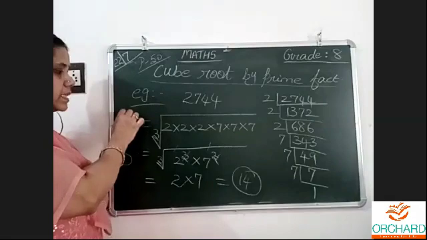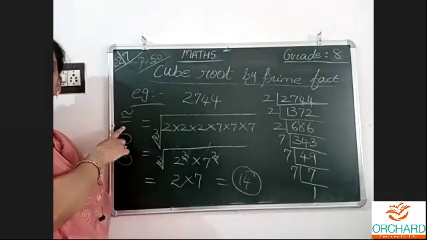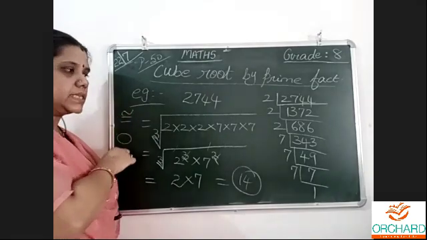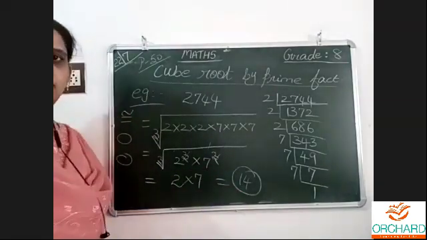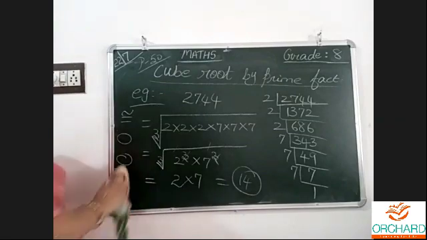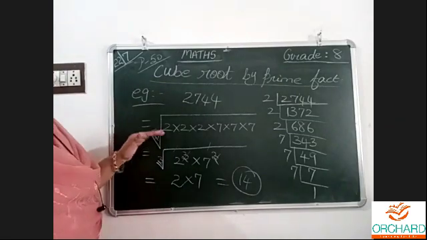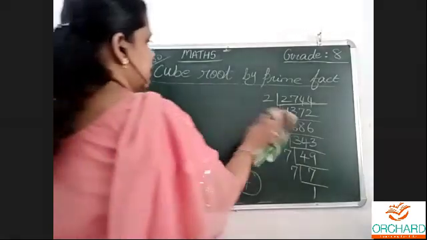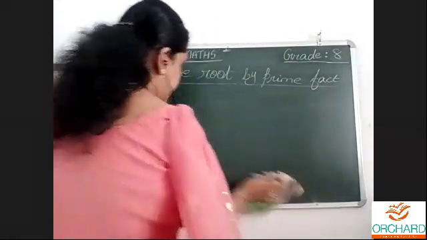Estimating means approximately, and we wrote it using this symbol. Same estimation, cube roots also we have. That we will see after this. Understood this? Now using this, we will do what is given in the exercise. Now what I did is the example sum.